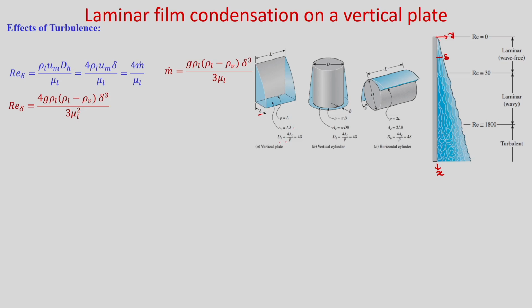So, DH is defined as 4 into flow cross sectional area AC divided by perimeter. P is the perimeter of the heat transfer.